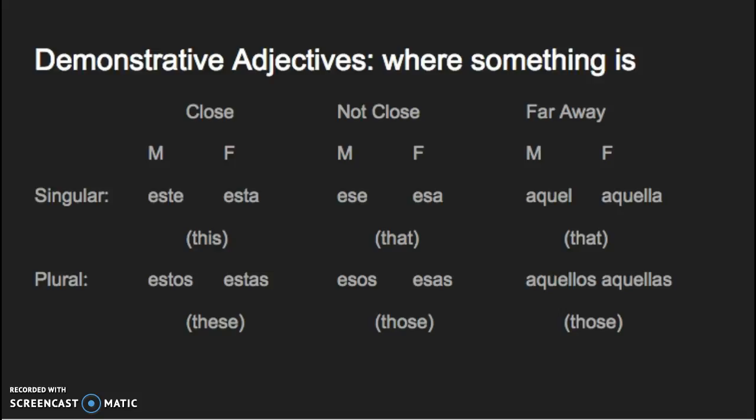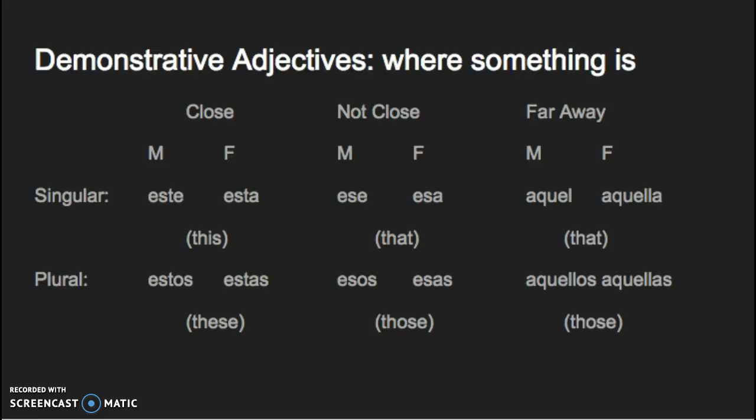So we need to look at this in terms of how close things are to us. If you're talking about this one, you're talking about something that's close to you. If you're talking about that one, it's not very close. And then if you're talking about that one over there or those, you're also talking about items that could be very far away.